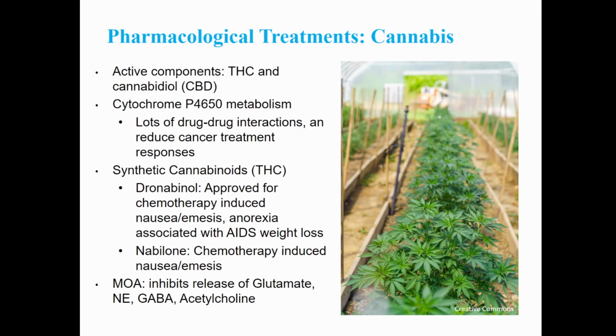There are two forms of synthetic cannabinoids: dronabinol and nabilone, which are both approved for nausea associated with chemotherapy, and dronabinol specifically for anorexia associated with HIV or AIDS weight loss.